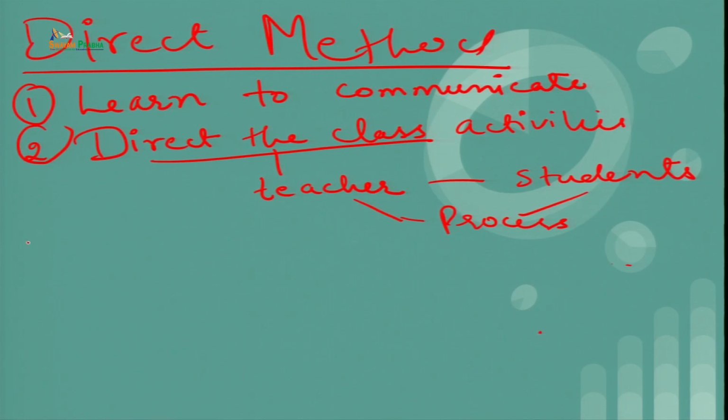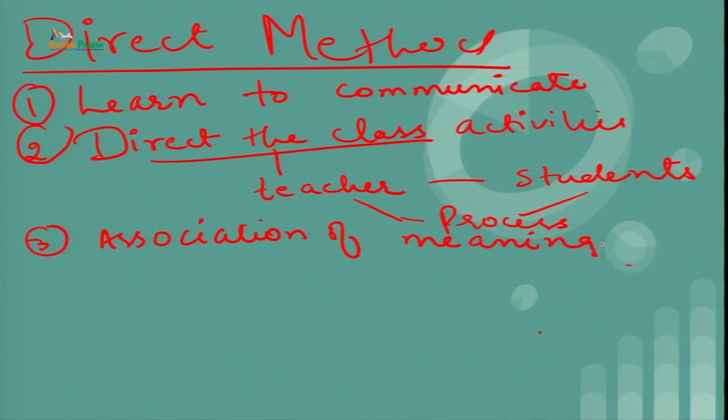The next question that arises here is, what are some characteristics of the teaching-learning process? Teachers who use the direct method believe that students need to associate meaning and the target language directly. So, association of meaning. And in order to do this, when the teacher introduces new target language words or phrases, he or she demonstrates.